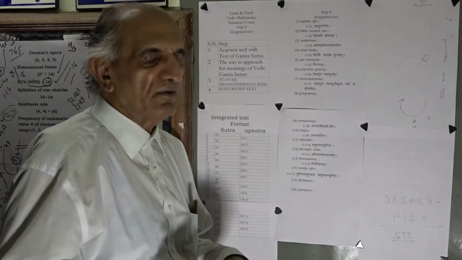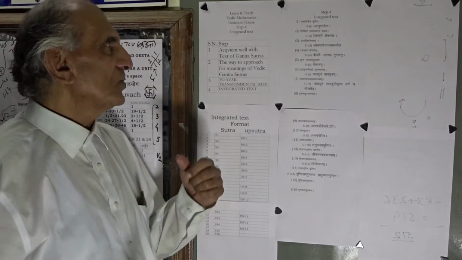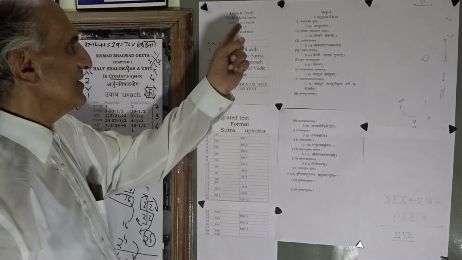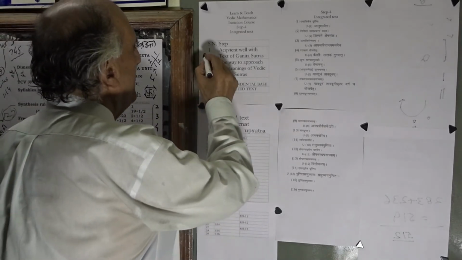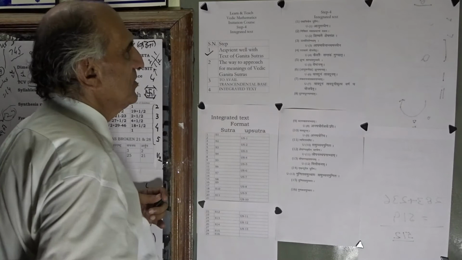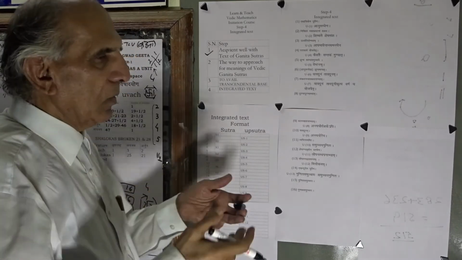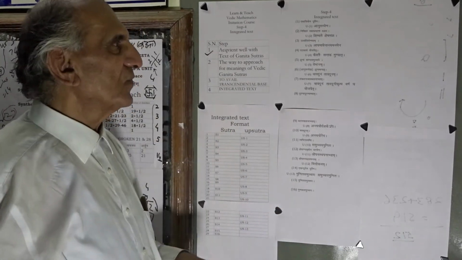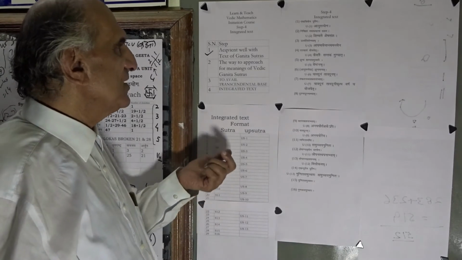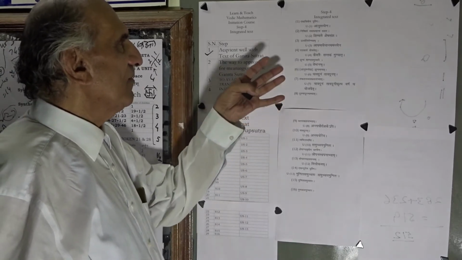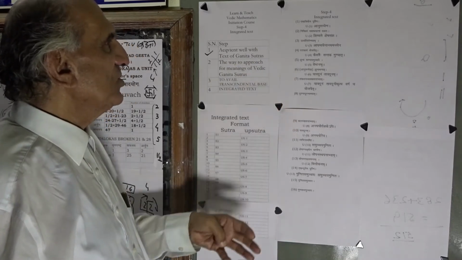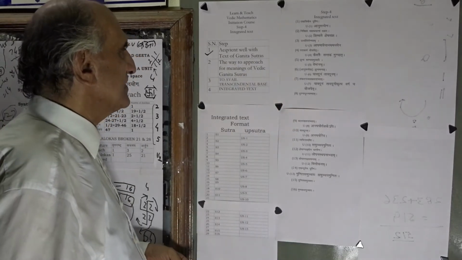Om Namah Shivaya. Today we are at the fourth step. Our first step has been acquaintance with the text of Srimad Bhagavad Gita. During the previous three sessions, we have started developing our acquaintance, our friendship with this particular text.